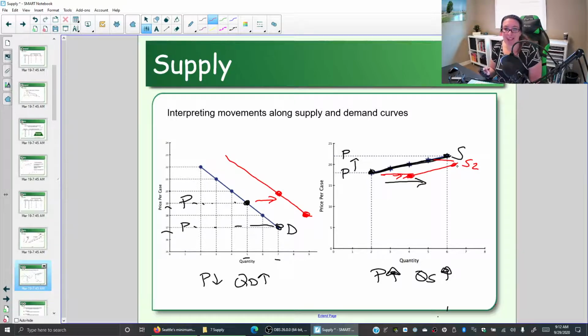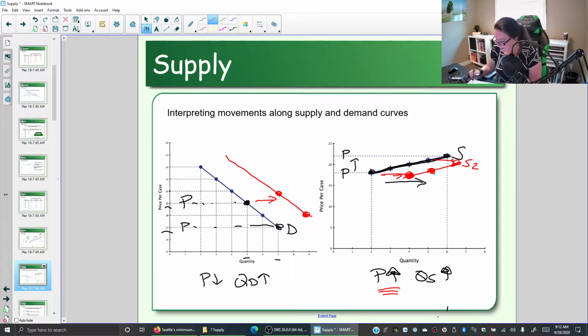So we need to distinguish between a change in quantity supplied, which is caused by a price change, and what changes supply, like the number of businesses, technology, taxes on businesses. Those types of things are going to change the amount the business is willing and able to sell at every price.